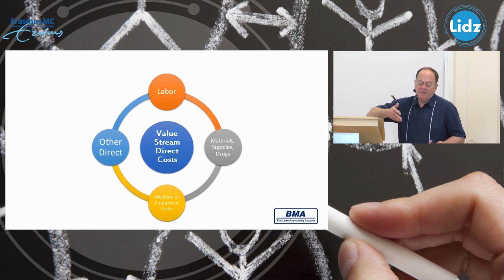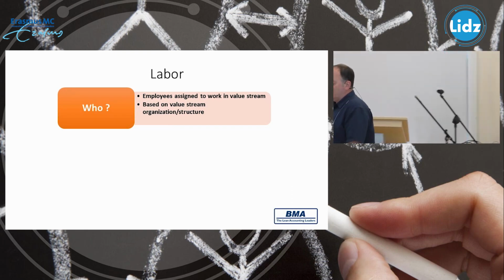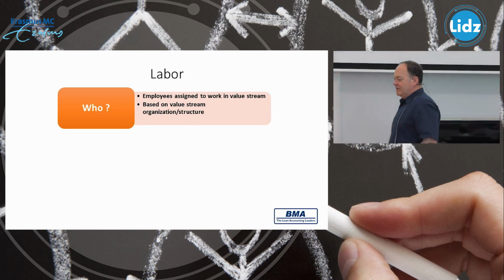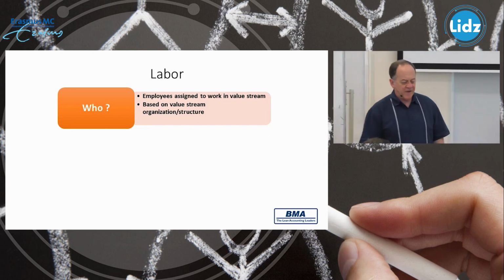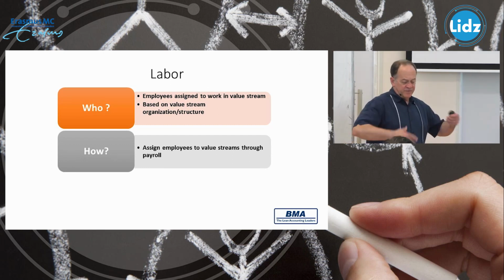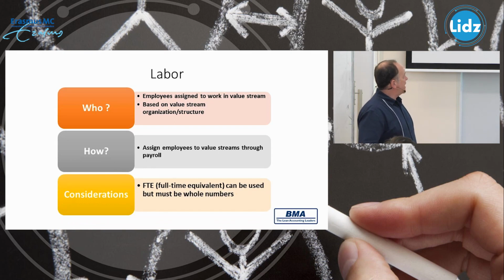Anything else that can be made direct, it's fine to make it direct. People is pretty easy. You know where the people work. You have your value streams identified, and so all the people that work in the value stream get charged. You can do it through the way you set up your payroll, and then everything gets posted automatically.